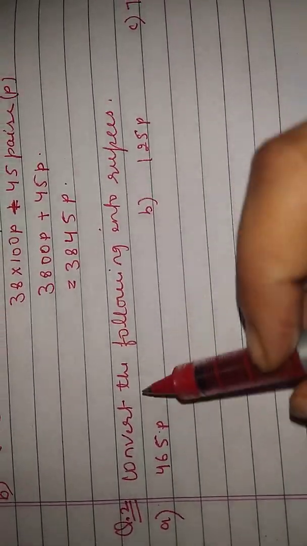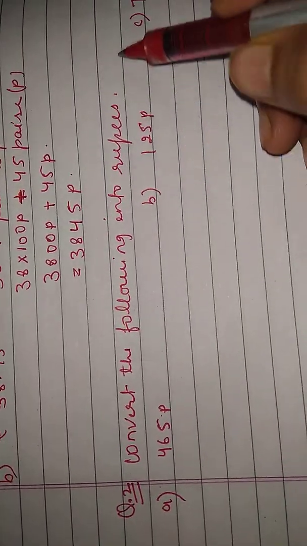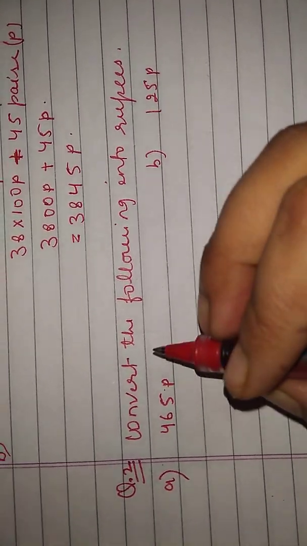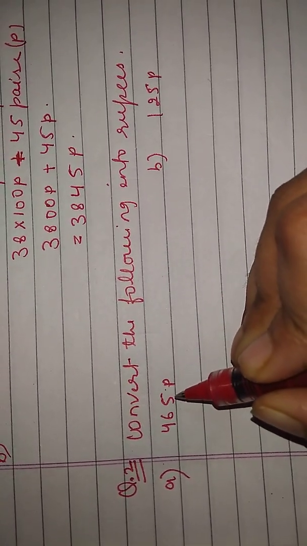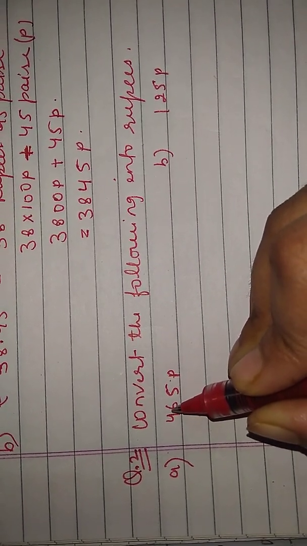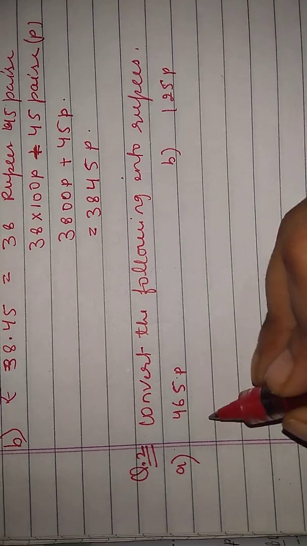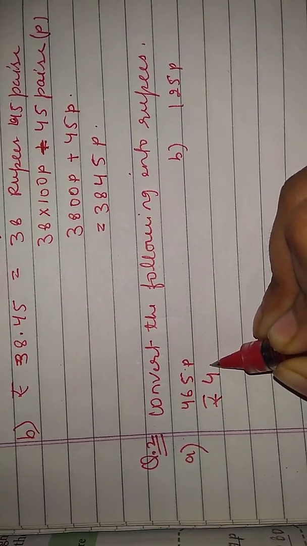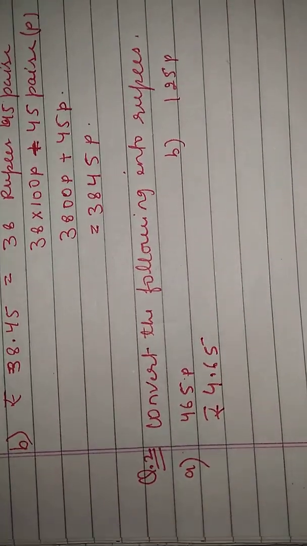Now look here, here is the second question, convert the following into rupees. So A part is 465 paise. I have told you that from right we will count 2 digits, so this will be 1, this will be 2, and then we will put the dot and we will write rupees. So this will become rupees 4 and 65 paise, right?